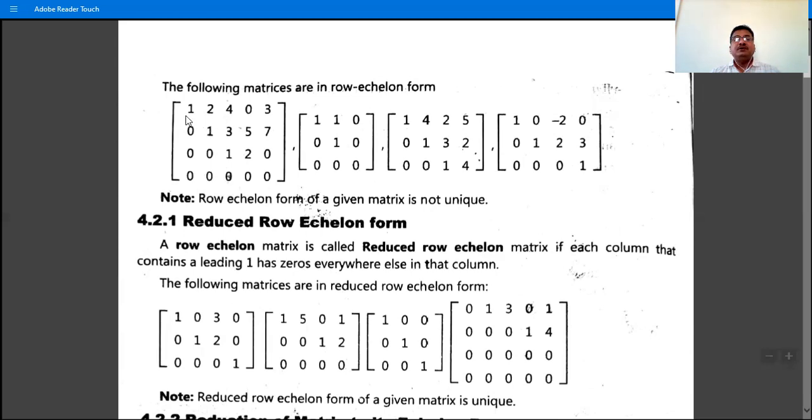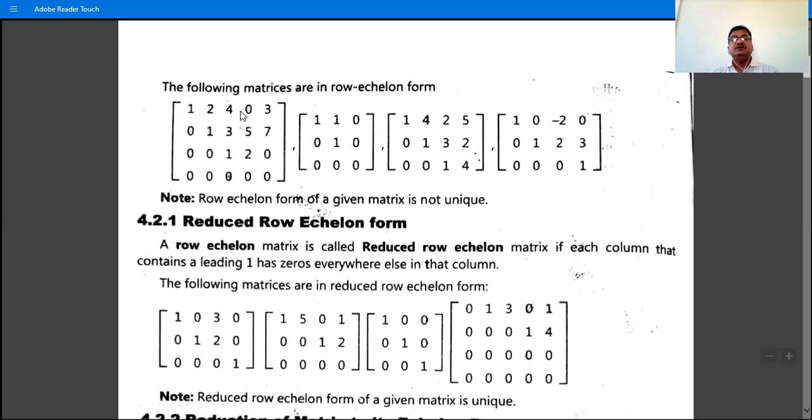And if you observe the first 3 rows, these 3 rows are non-zero rows. And the first non-zero element of the row is 1. If you observe the first row, the first non-zero element is 1, and this one is called the leading one.